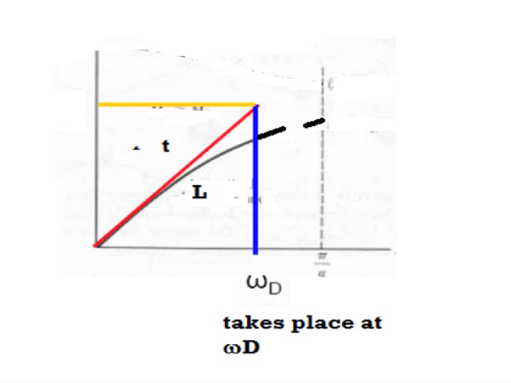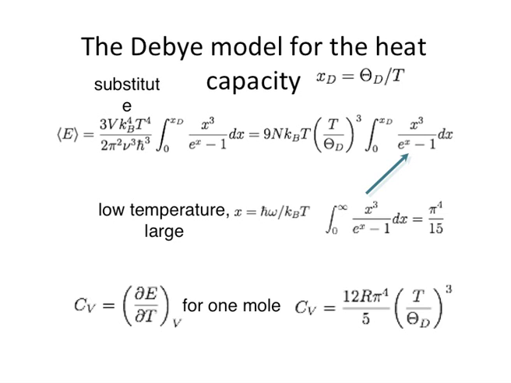So here omega d is the Debye frequency associated with that, and the values of the Cv are shown in this. The Debye model for heat capacity depends on this equation. E is equal to 3V k to the power of 4 T to the power of 4 divided by 2 pi square nu cube and h bar cube.